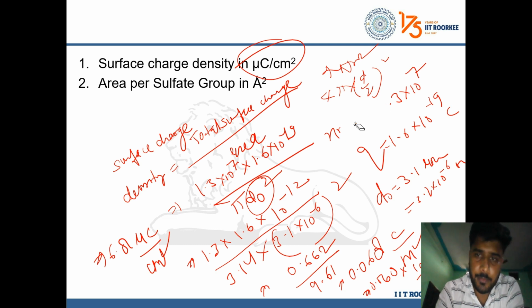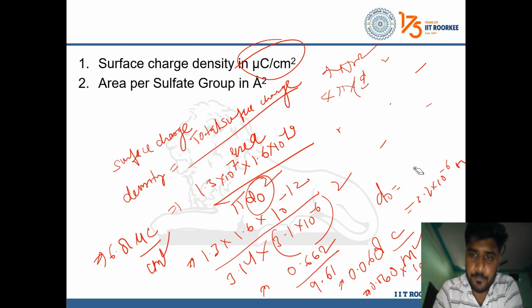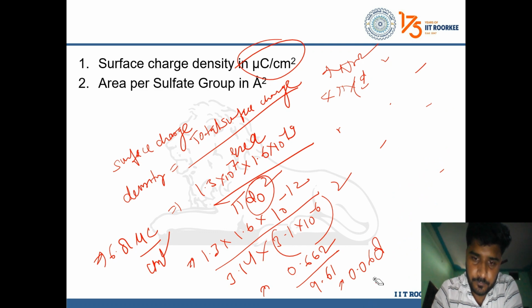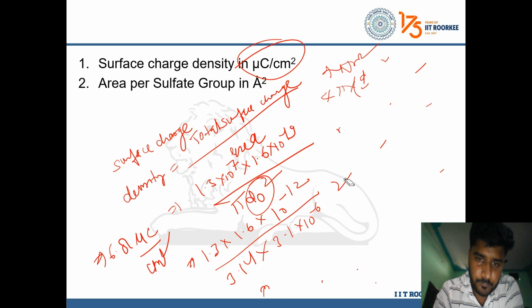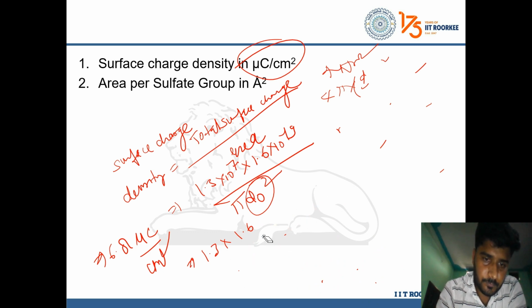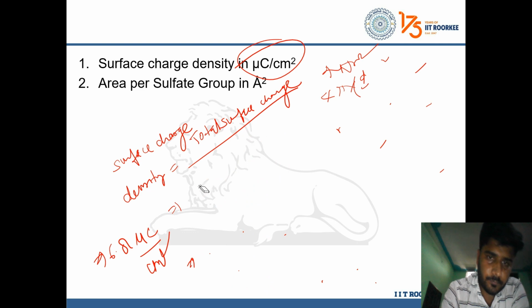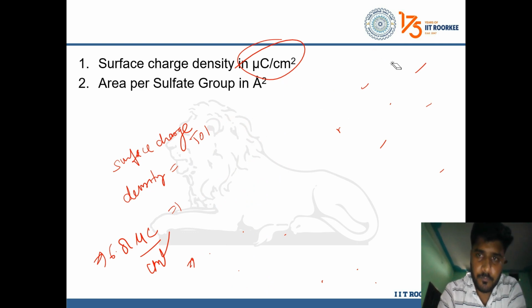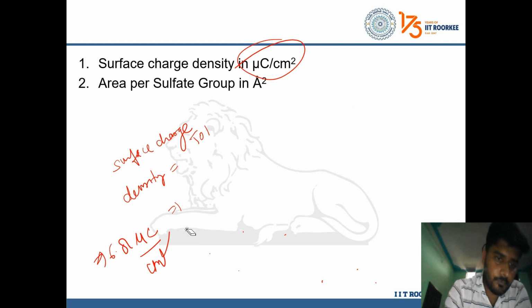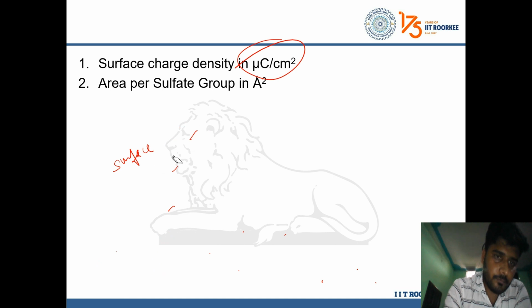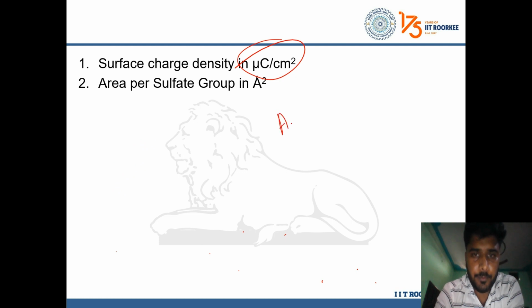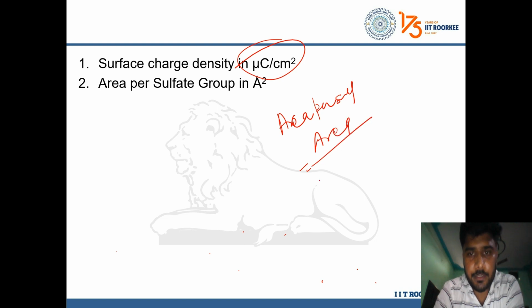Let me erase it. So the area per sulfate group is the area divided by the number of sulfate groups.